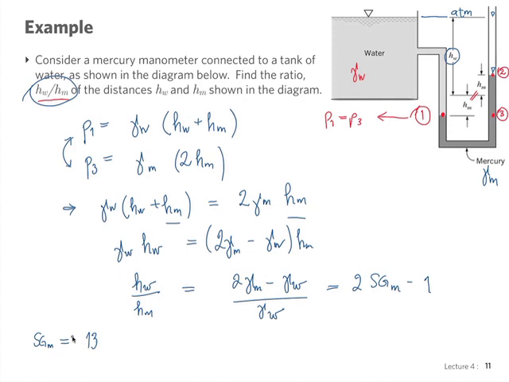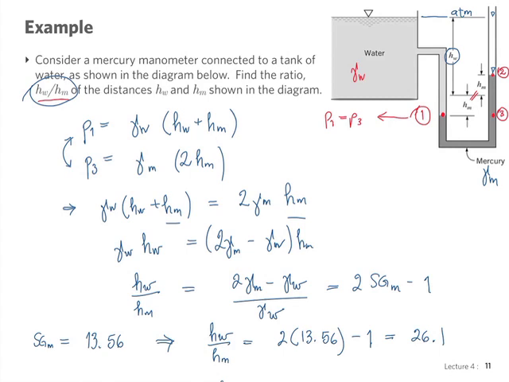I can get the value of specific gravity of mercury is 13.56, and I can put this back in the equation and get that HW divided by HM is equal to 2 times 13.56 minus 1, which is equal to about 26.1. This has no units because it's a relative, two lengths, so there's no units, and this is our result.